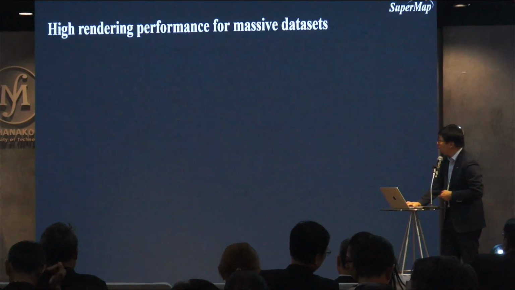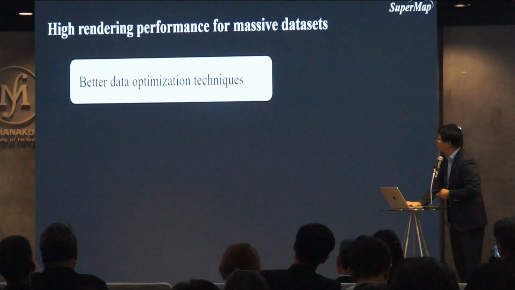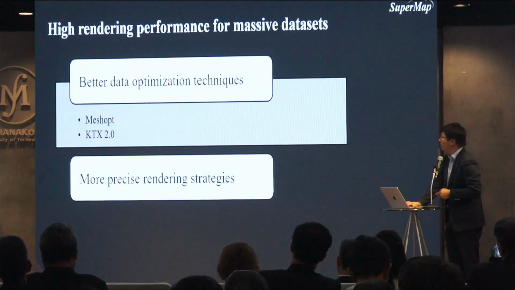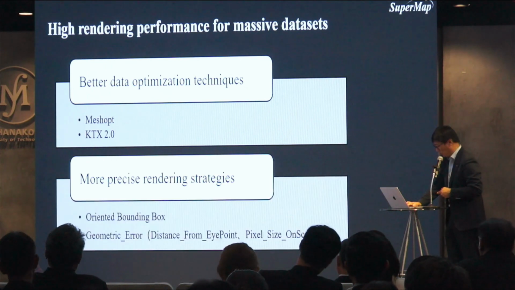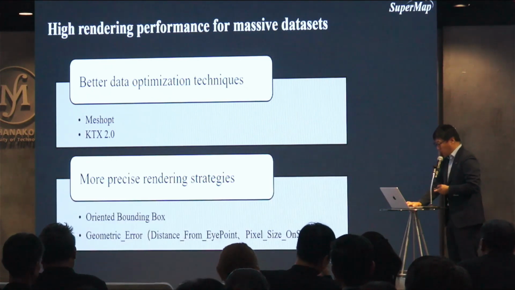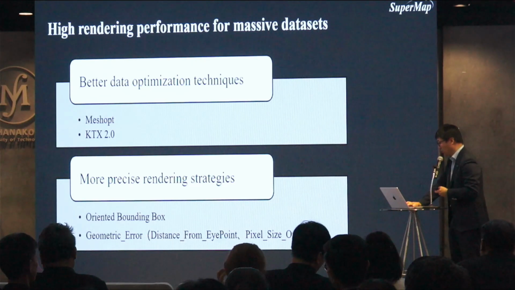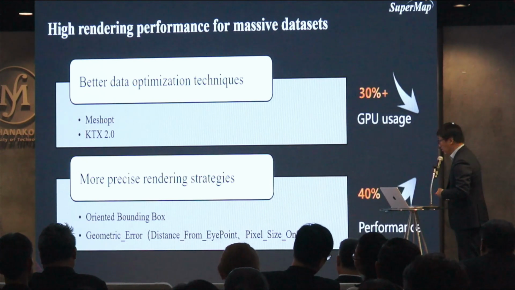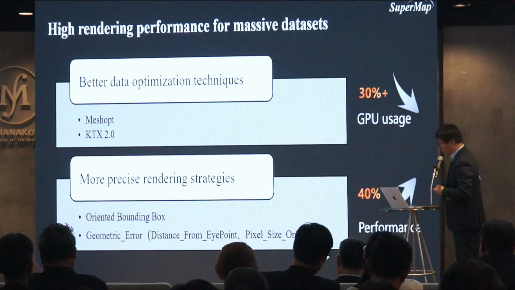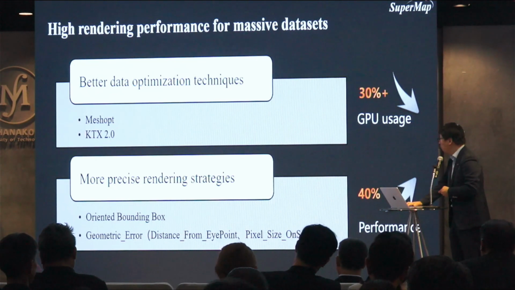And as for the performance, we improved data optimization techniques and more precise rendering strategies to tap the potential of today's ever-growing collection of 3D geospatial data. By doing this, the GPU usage will be lower by 30%, and the performance will be enhanced by 40%.